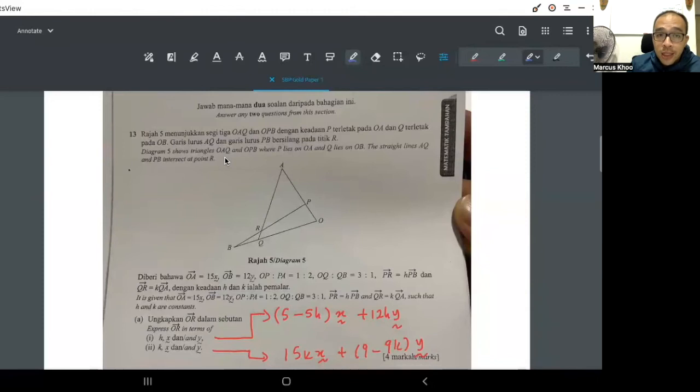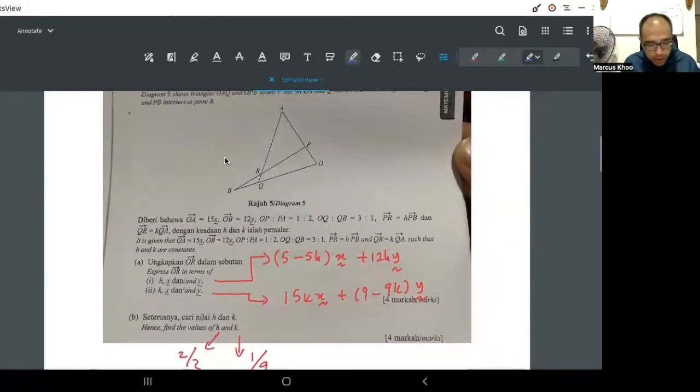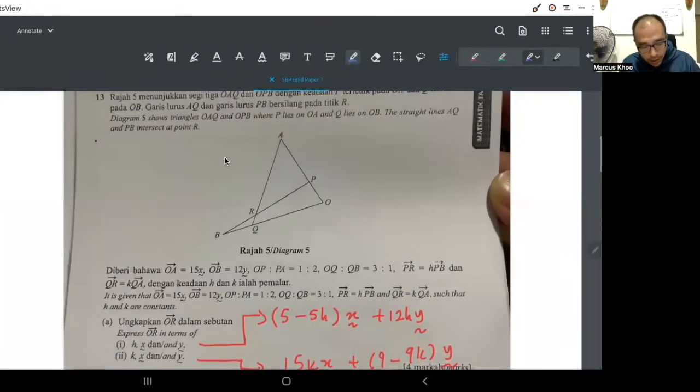Now the straight lines AQ and PB intersect at point R. Given that, and this is where all the information comes in, OA is 15x, OB is 12y, and OP to PA is 1 to 2. OQ to QB is 3 to 1. And PR is h PB, and QR is k QA.